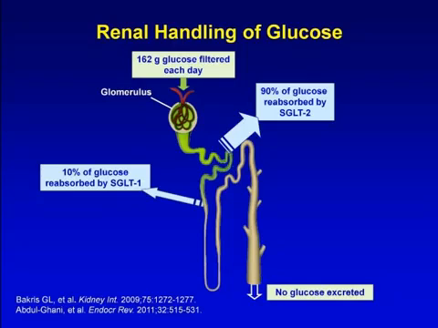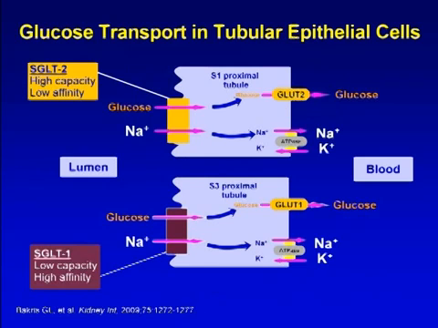And then SGLT2 is the main transporter that actually reabsorbs 90% of glucose, while SGLT1 reabsorbs about 10% of the glucose. This slide goes a little bit into the actual mechanism in the tubular epithelial cells of the kidney.